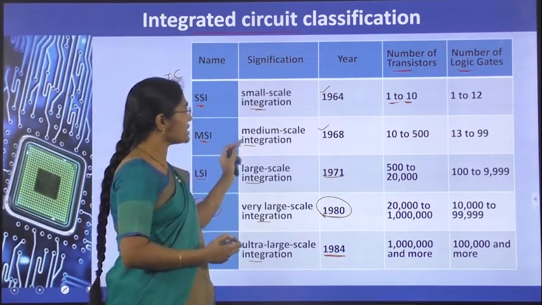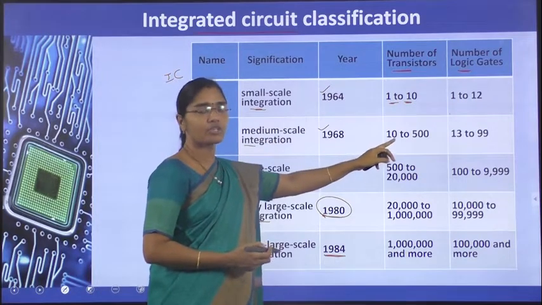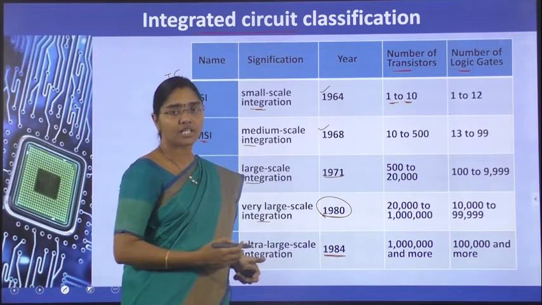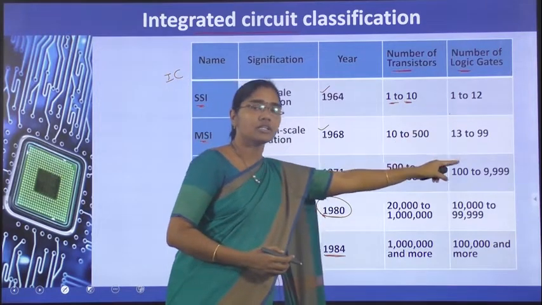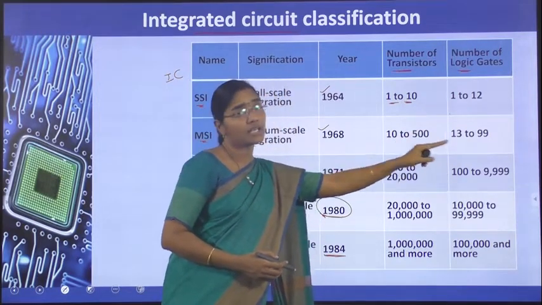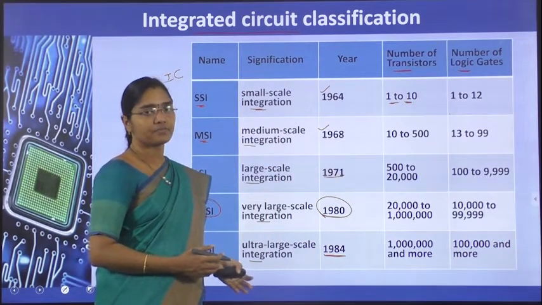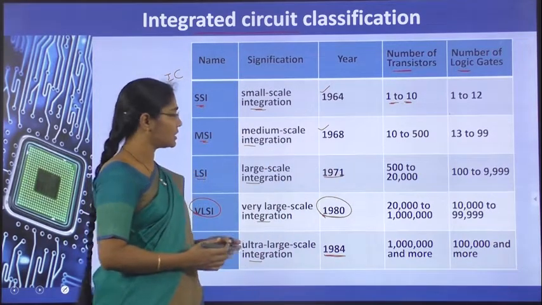Similarly, MSI has 10 to 500 transistors, or 13 to 99 gates on that microchip.